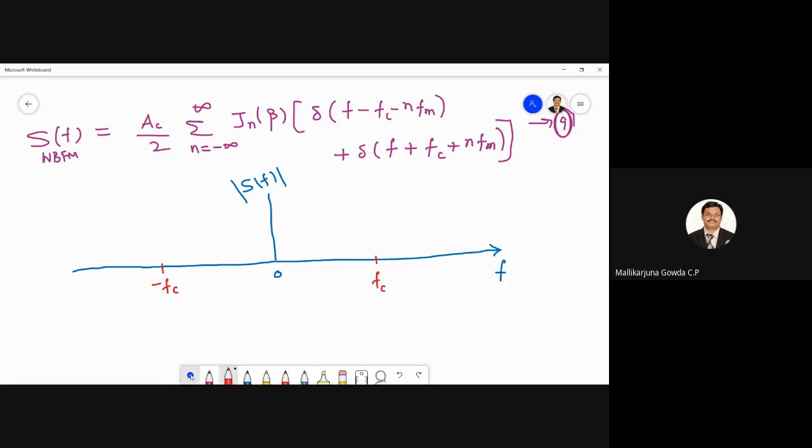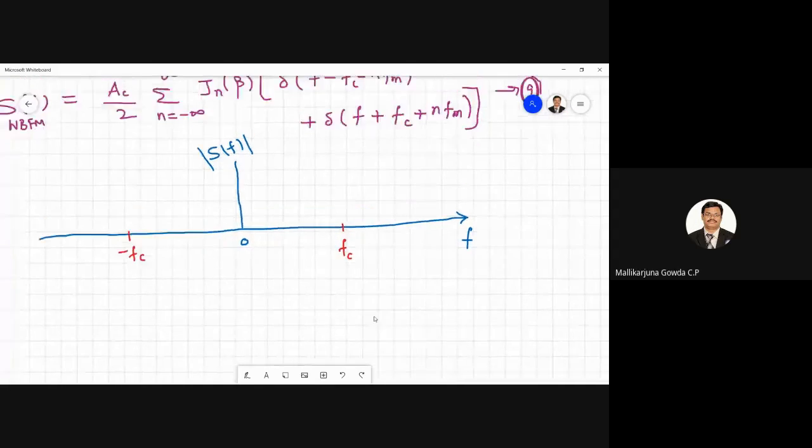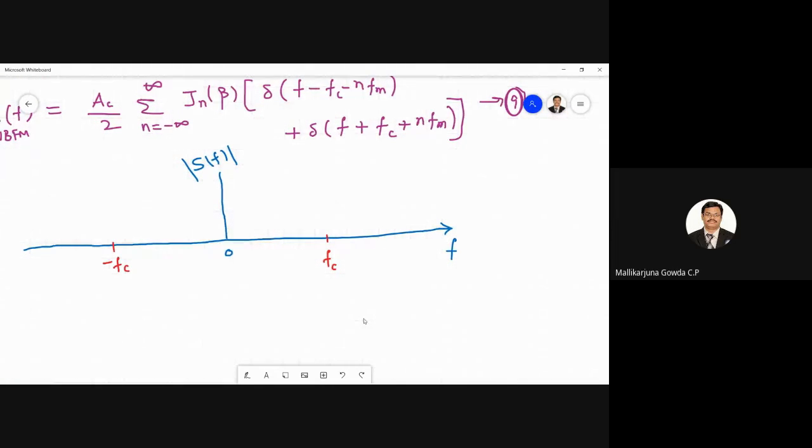Substitute n equal to plus or minus 1, n equal to plus or minus 2. Only for two values we will write. Yes, quickly, anyone can say? You can say what is the delta of f minus FC minus FM and delta of f plus FC, when n is 1, then FM.